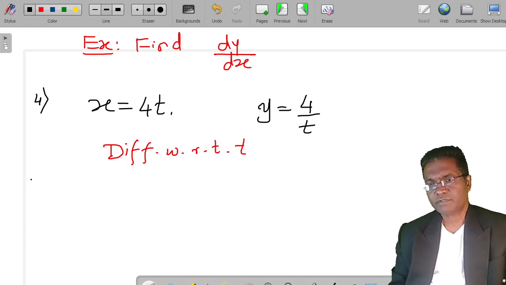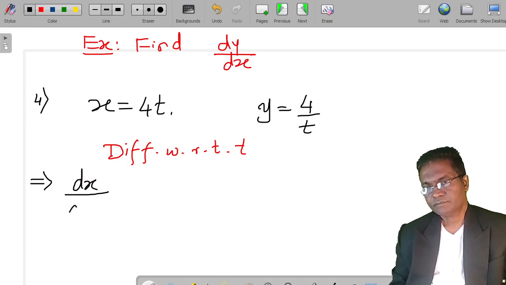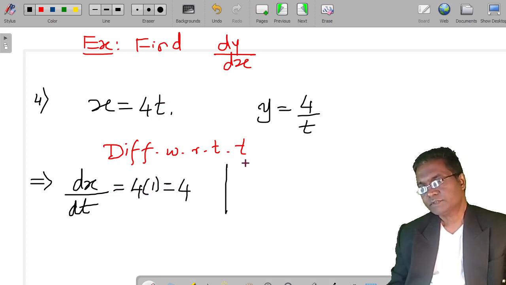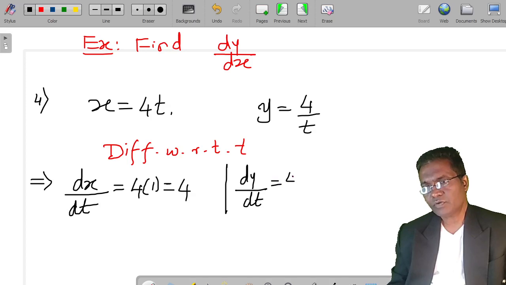So differentiate with respect to t. For dx by dt, 4 is a constant and the derivative of t with respect to t is 1, so you can write directly 4. In this case, dy by dt is 4 times the derivative of 1 by t.